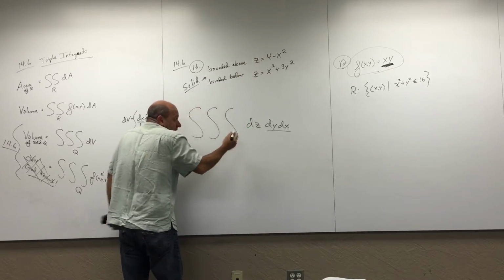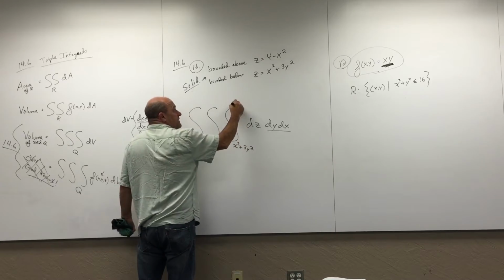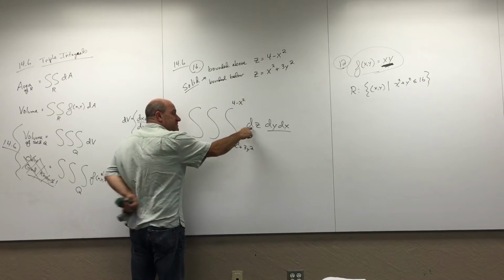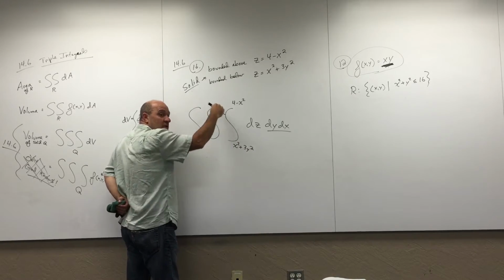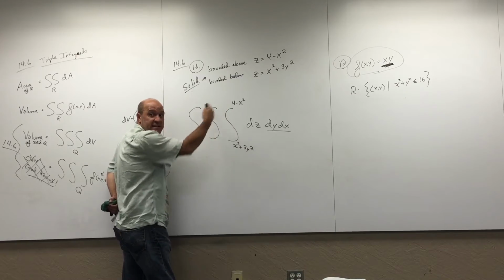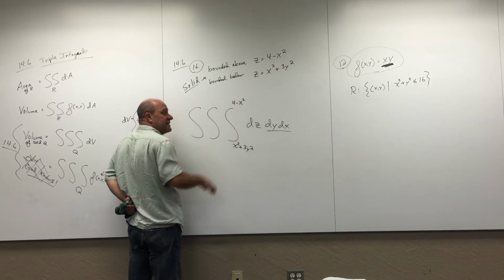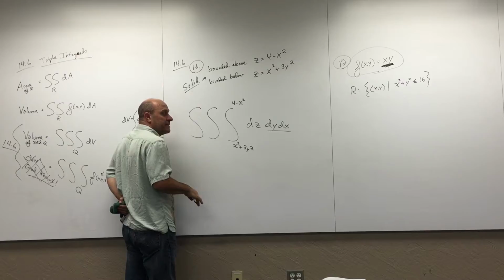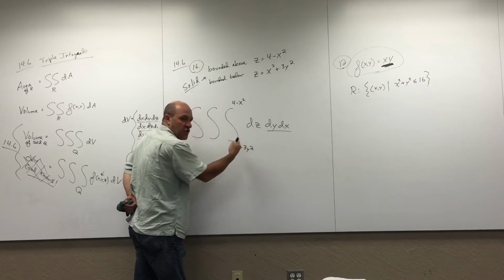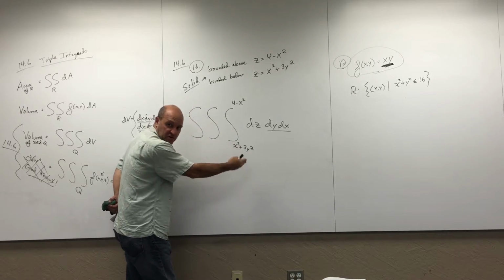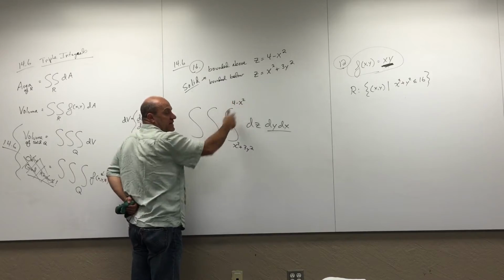These bounds are z equals this and z equals that, like a z1 and a z2. And it's typical that your bounds for z are in terms of x's and y's. You have a function of x's and y's, and then another function of x's and y's, although there are no y's there.